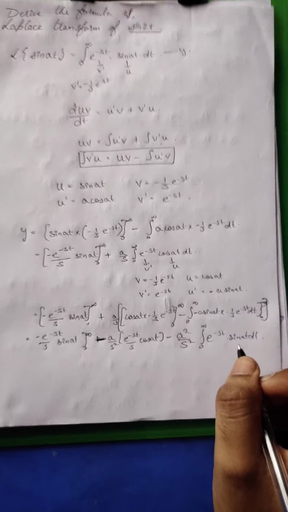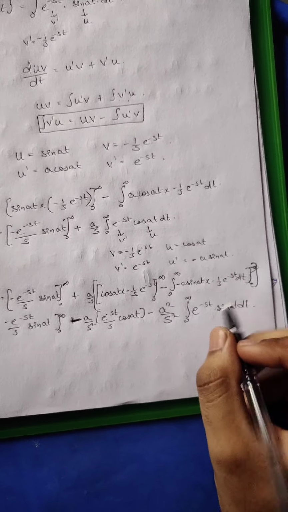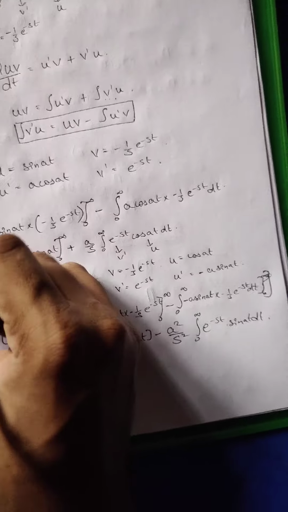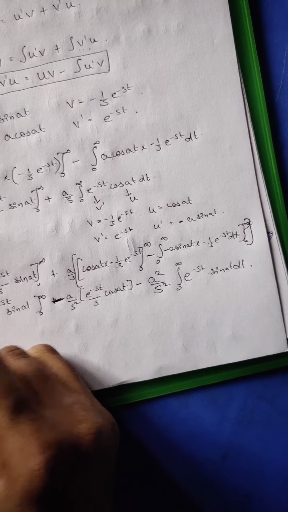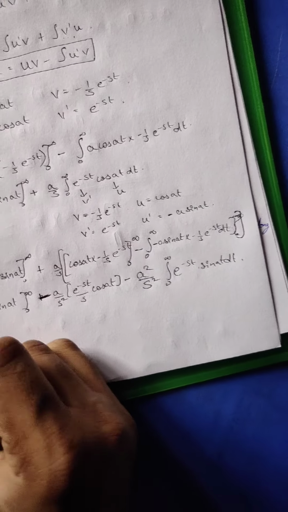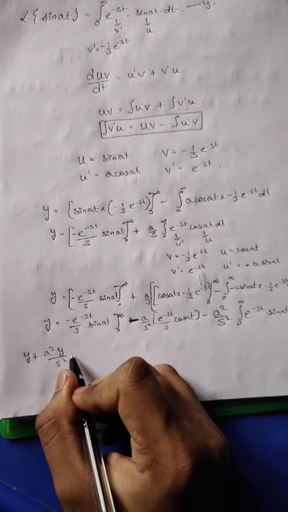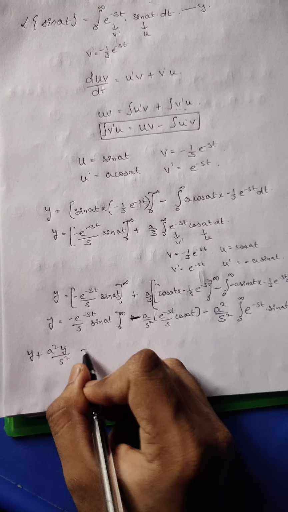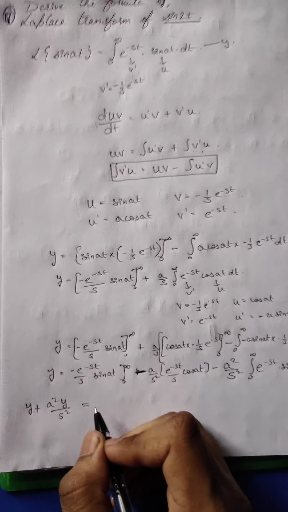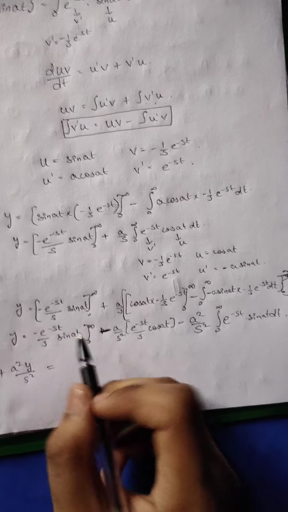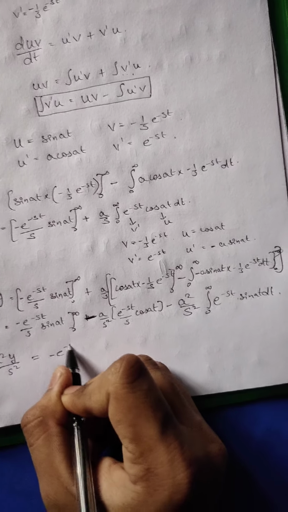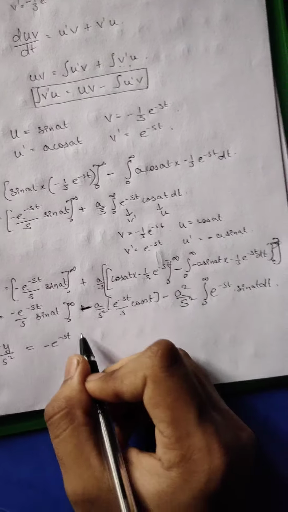Now if you notice, we took this earlier as y, so here we have y equals all of this. So now we'll take this to that side, so we'll have y plus a square y by s square equals this. Now we can take e power minus st common from these, and then continue writing.